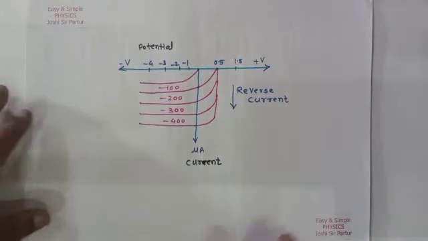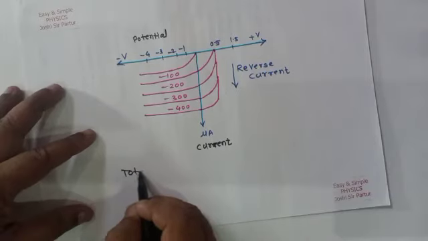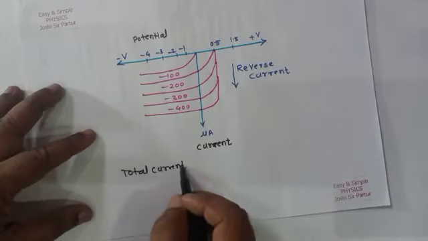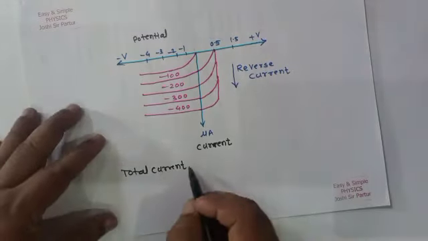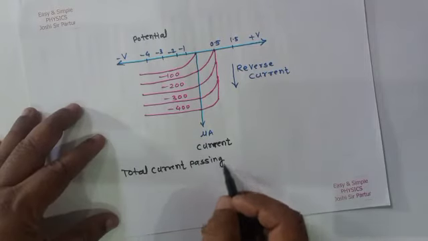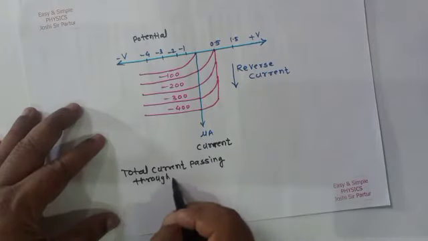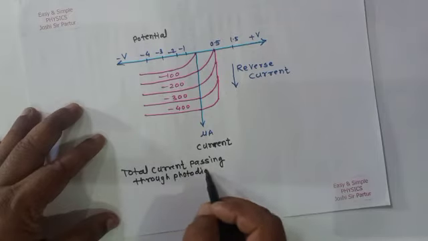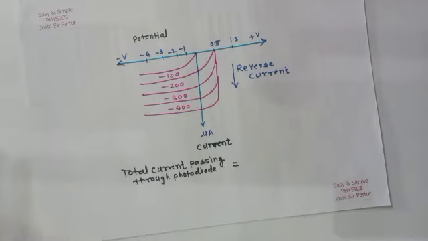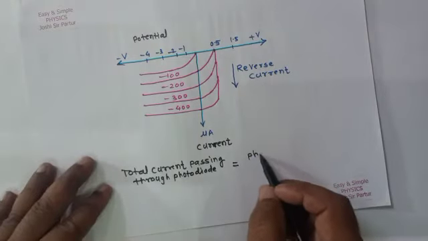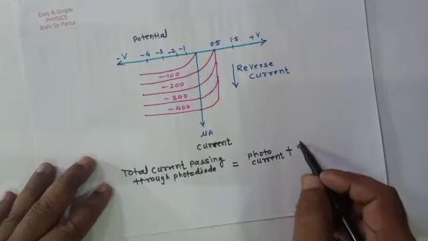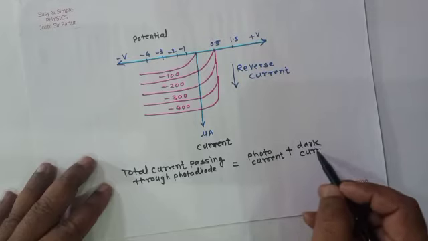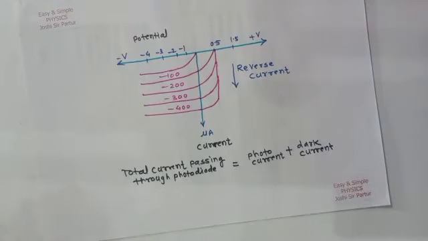So we say that the total current passing through a photodiode is equal to the summation of photocurrent and dark current. That gives the total current passing through the photodiode.